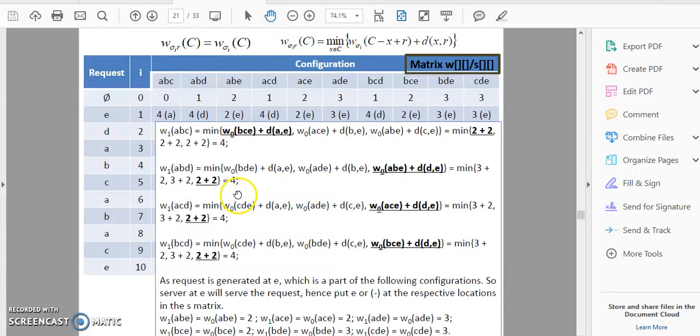So we will write here 4, and we will add D because it came by removing D. So we have written here D. Now next, moving towards this: for ABE, since E is already at that point, this request will be served with 0 cost. So we write the same entry 2, because 2 is also here, and it has come from E, so we have written E.